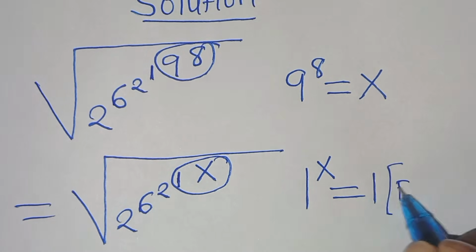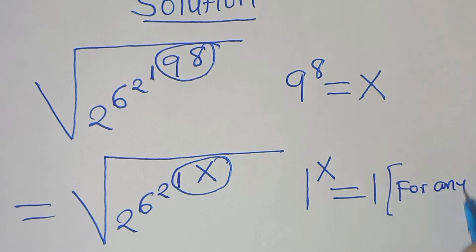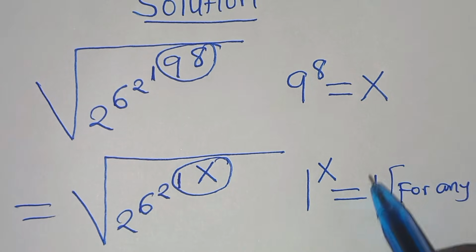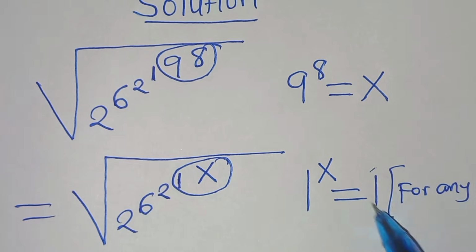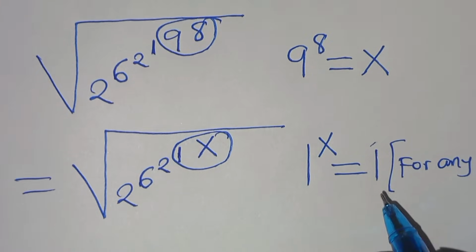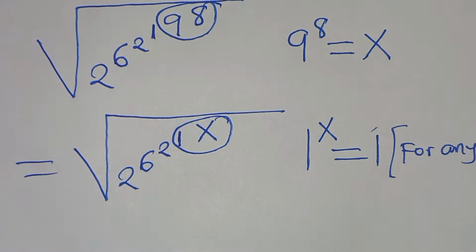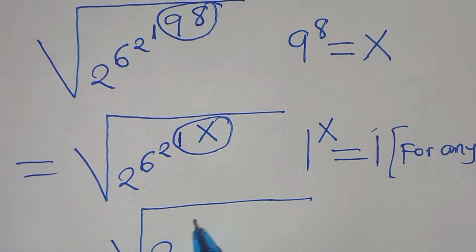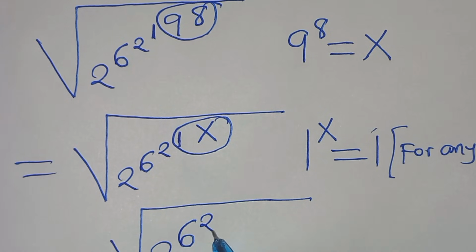Now, for any x, we have that 1 to the power of x should give us a value of 1. So let's substitute 1 here, so that we have the square root of 2 to the power of 6 to the power of 2.